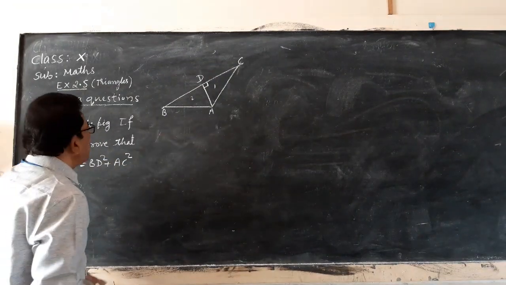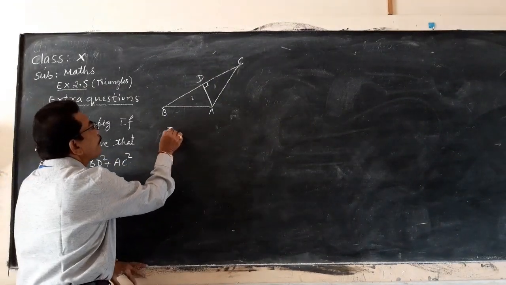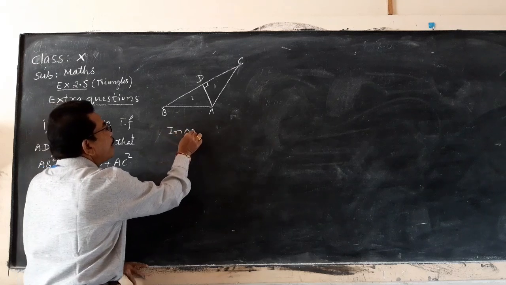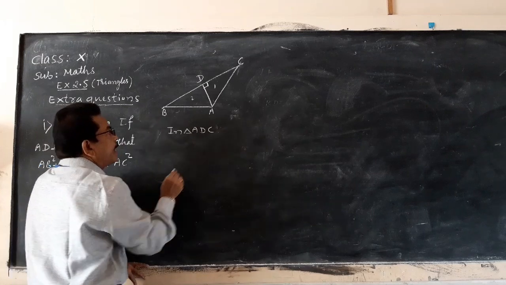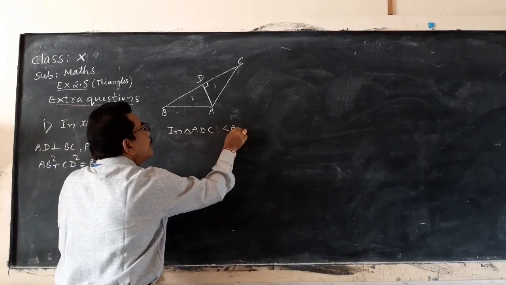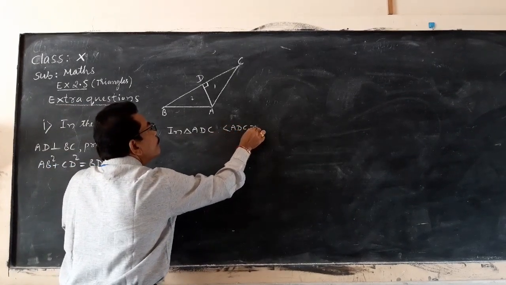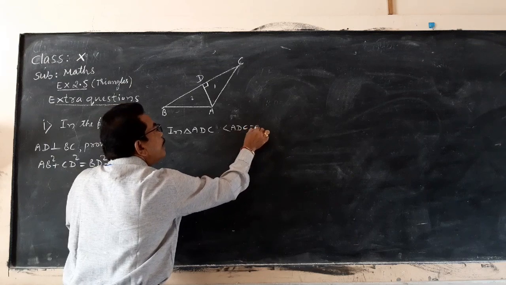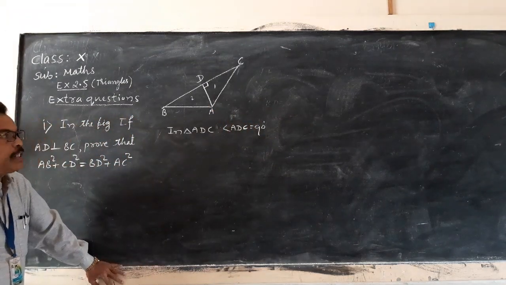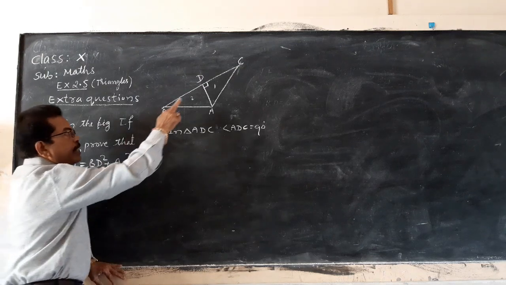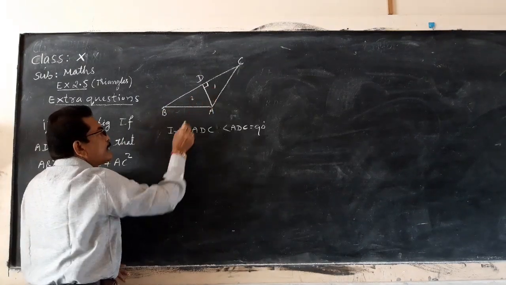Now consider triangle ADC. In triangle ADC, angle ADC equals 90 degrees. Which one is the hypotenuse? The side opposite to 90 degrees, that is AC.